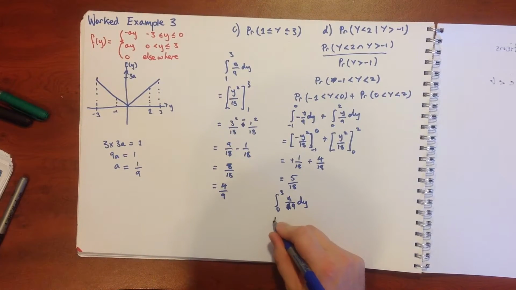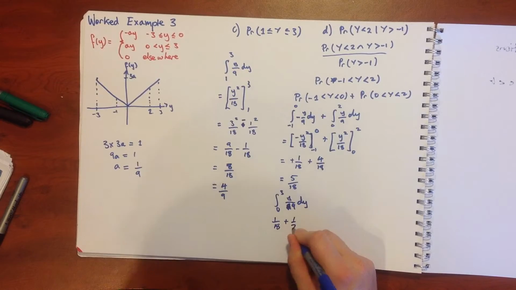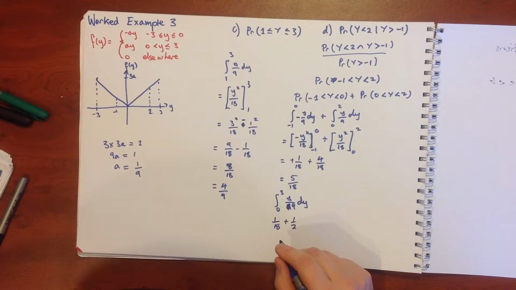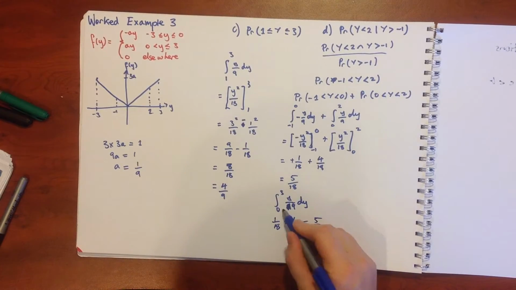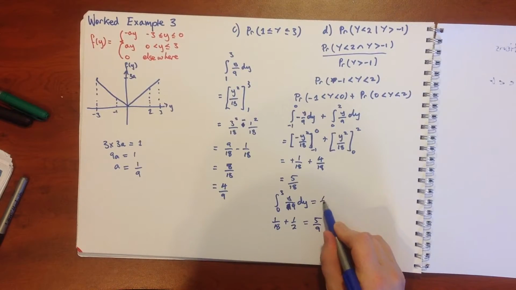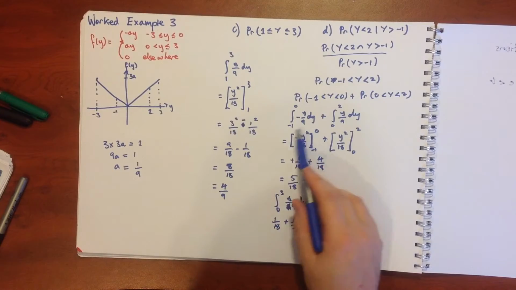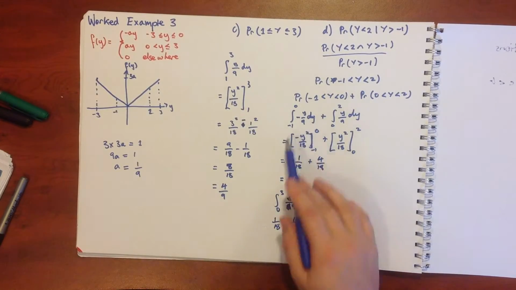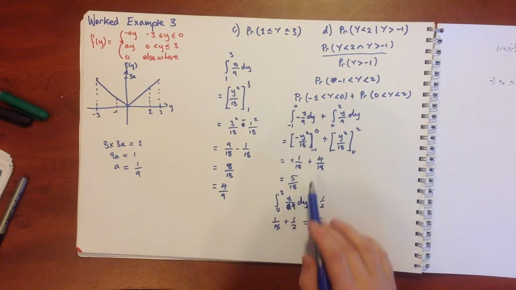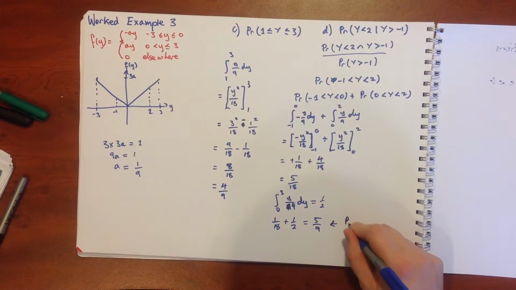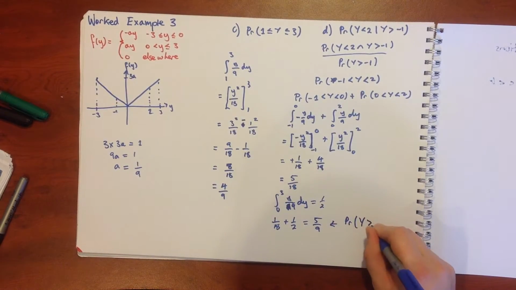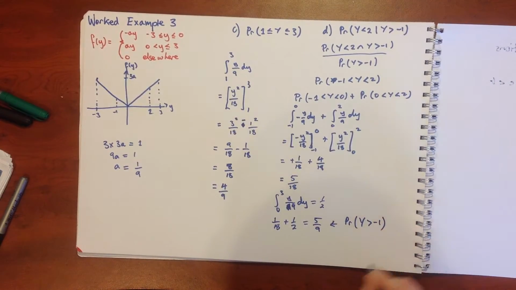So we know that we're going to be 1 on 18 plus a half, which is equal to 5 on 9. So when we integrate that part, that's a half, and we know that our -1 to 0 is going to be 1 on 18. So this part is equal to our probability that y is greater than -1.